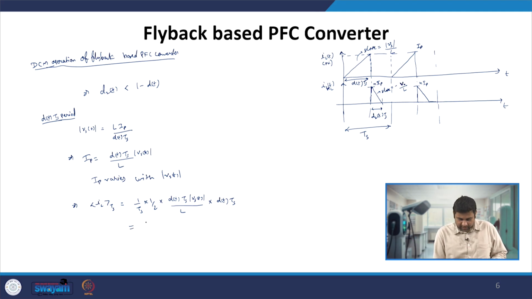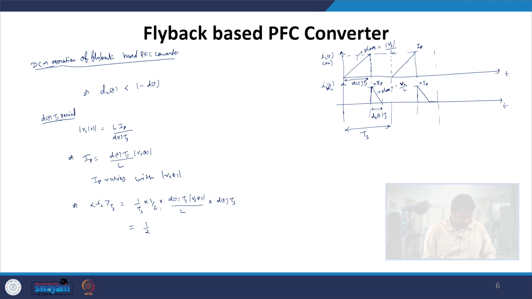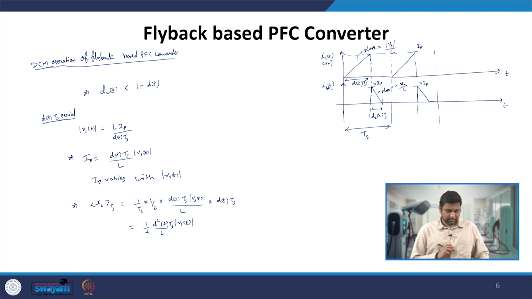That is when we get half d square of t by L times modulus of Vs of t into Ts.